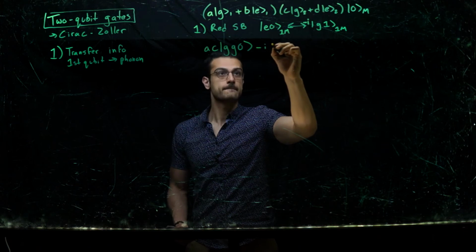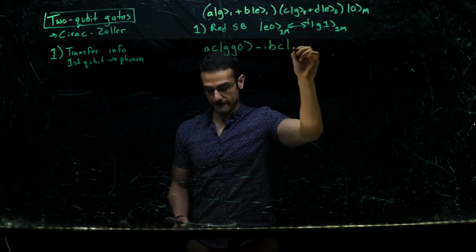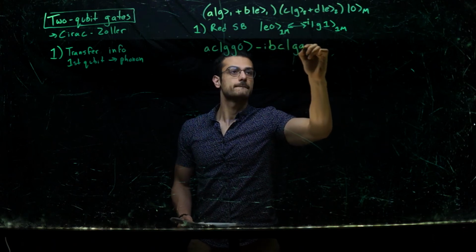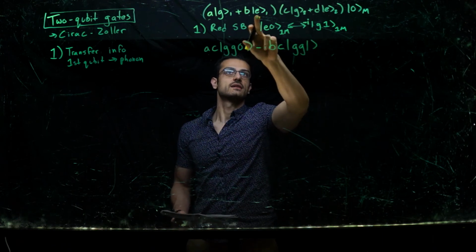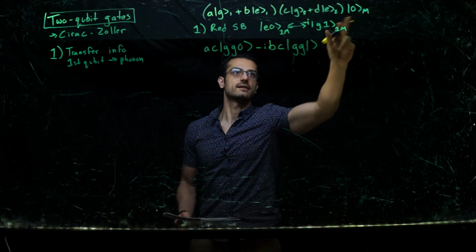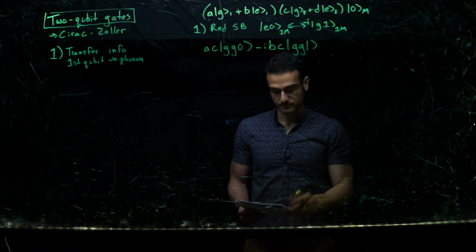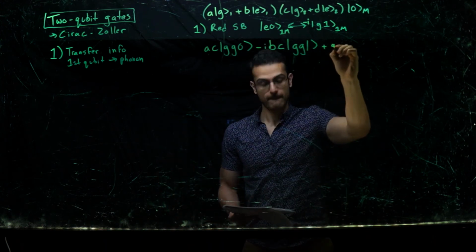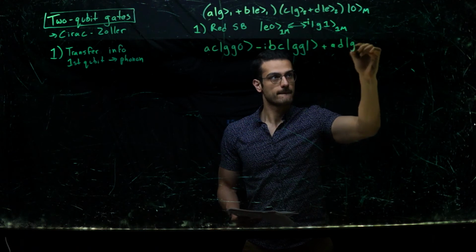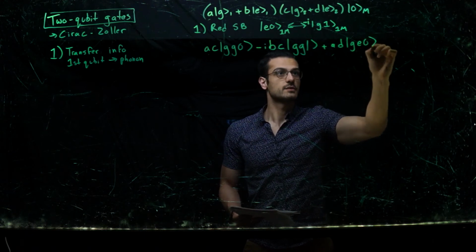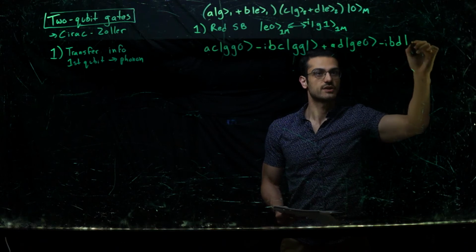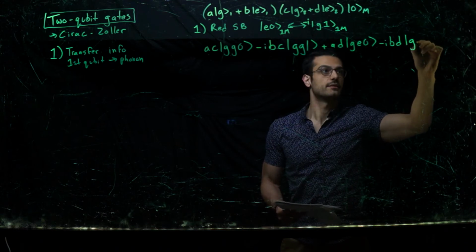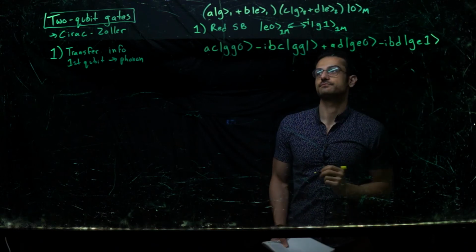Minus g1. So this term was changed because it has the one with an e here in the 0 state. This one was unchanged, and this one was changed by the red sideband pulse.